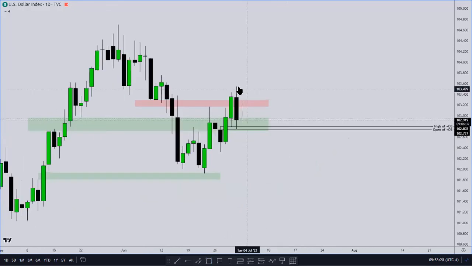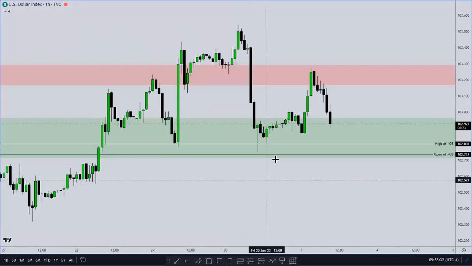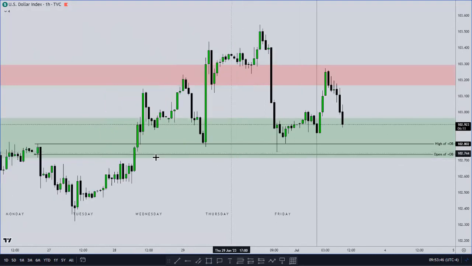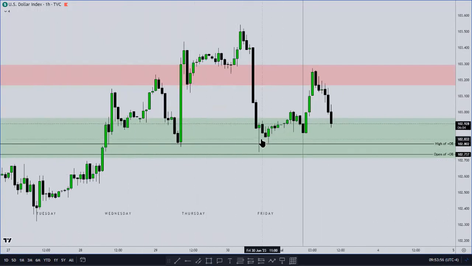For today, we are inside of this candle, just Friday's candle. And let's see on the low time frames now. I think we're going to go for the open of the bullish order block.